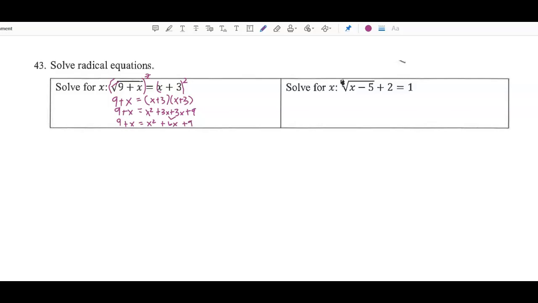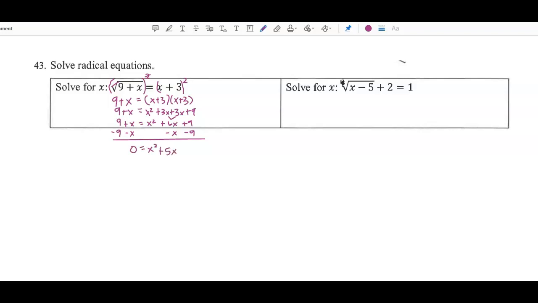And then I need to put one side equal to 0 and have everything on the other side. So I'm going to choose to subtract my 9 and subtract my x over. That gives me 0 on this side, which is what I wanted, equals x squared plus 5x.